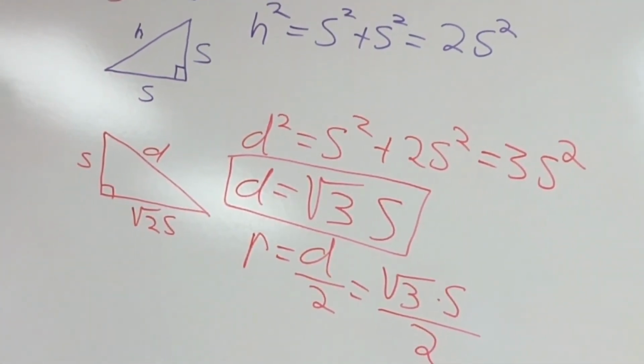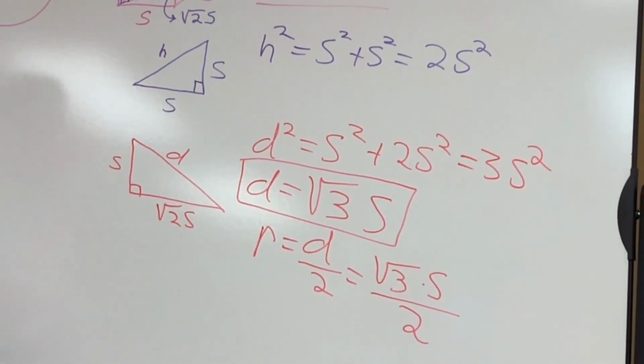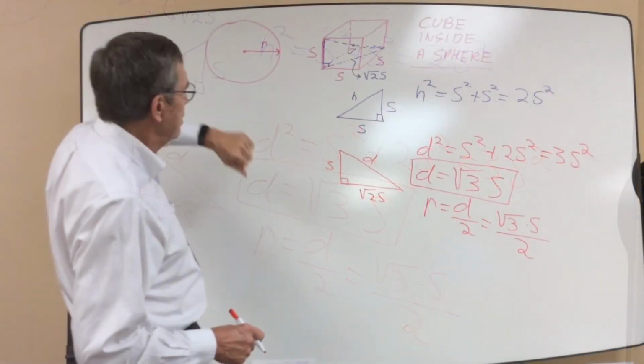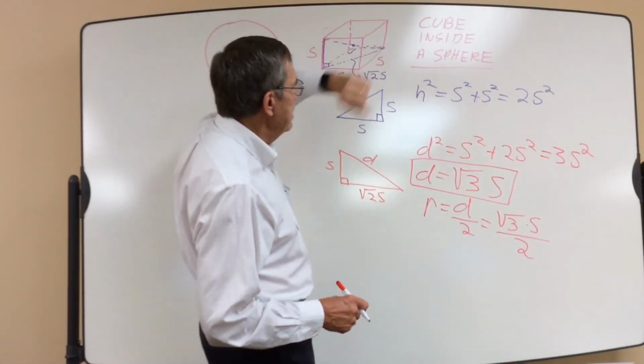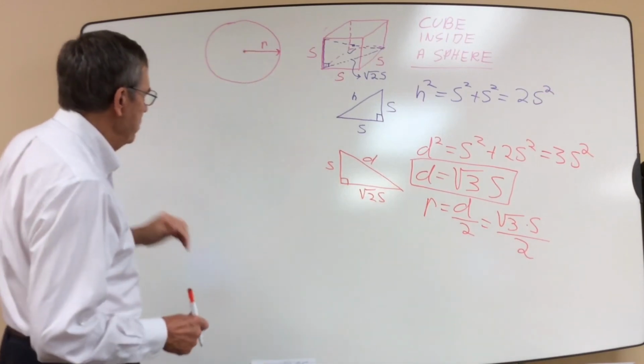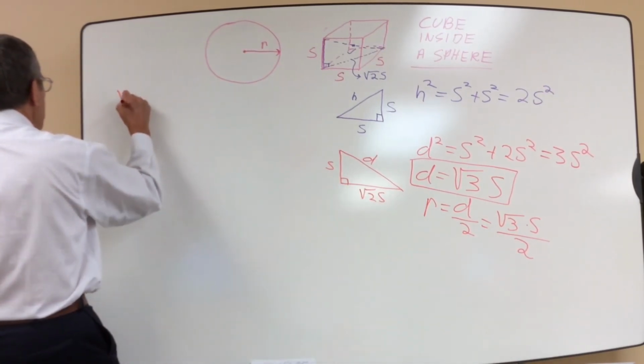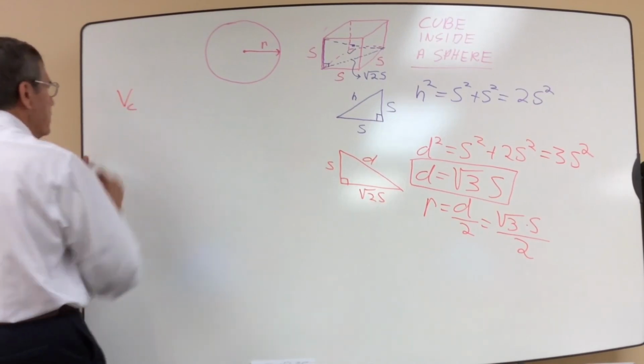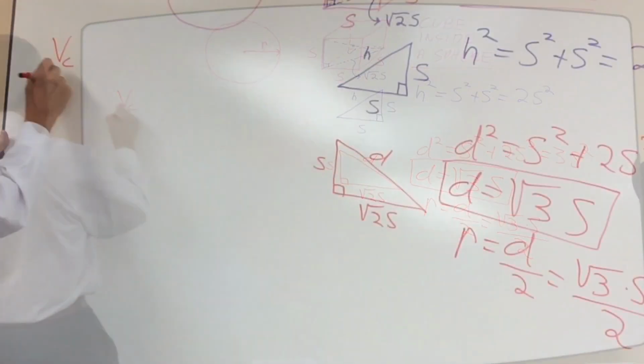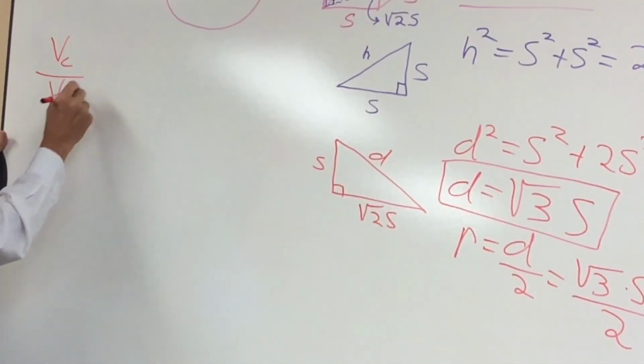All right. Now, I think we're ready to do our calculation. We want to know what percentage of the volume of the sphere is contained in the volume of the cube. So we're going to take the volume of the cube on the top. We're going to divide that by the volume of the sphere.